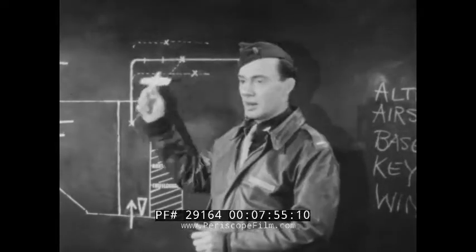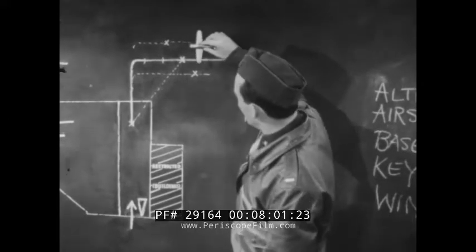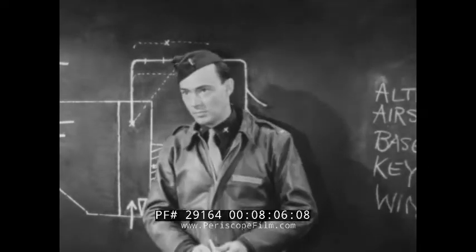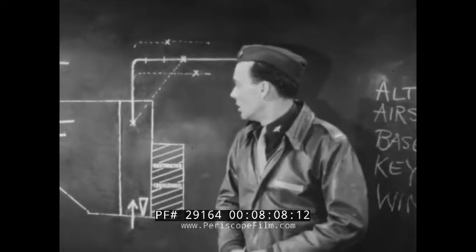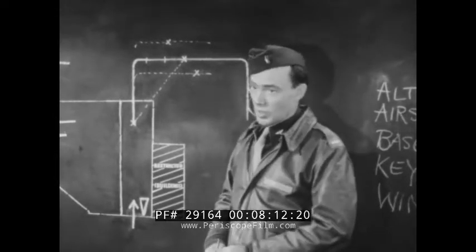Now, the importance of maintaining a base leg at 90 degrees to the landing leg cannot be overemphasized. And the pilot who allows his plane to drift simply adds one more factor which will impair the accuracy of his landing.